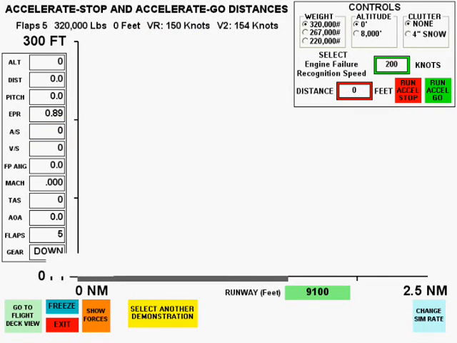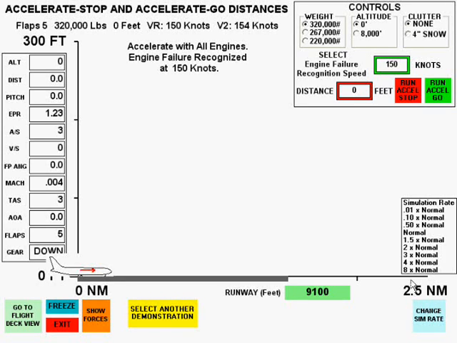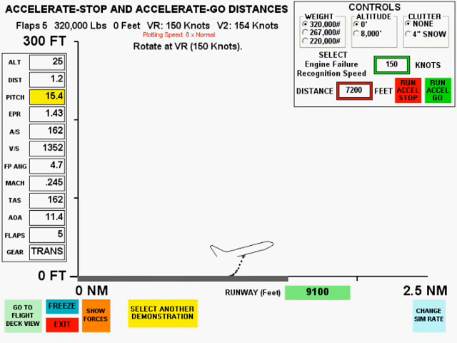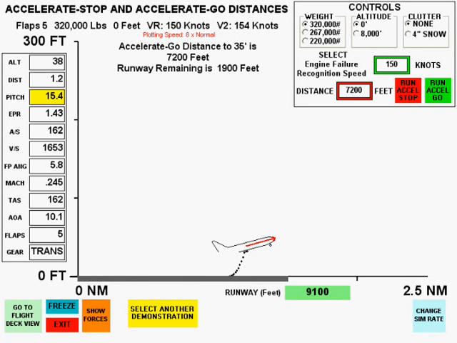Let's consider a runway shorter than the balanced field length. First, let's look at the runway required for an all-engines takeoff. For these conditions, physically, a 7,300-foot runway would be adequate.